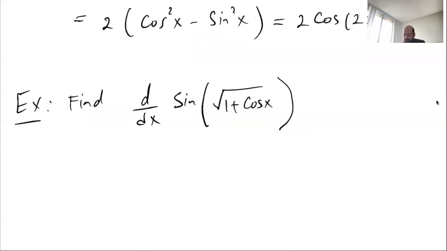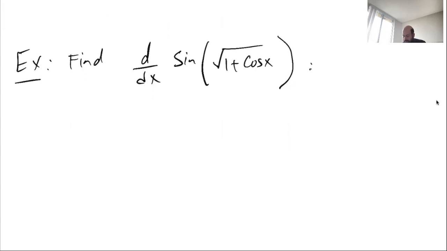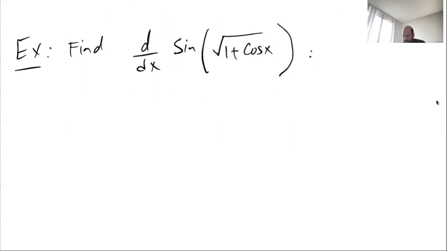See, it's not sine x times this. It's sine of, where the expression inside sine is root of 1 plus cos x. So, sine of root 1 plus cos x. What is the derivative of this function?